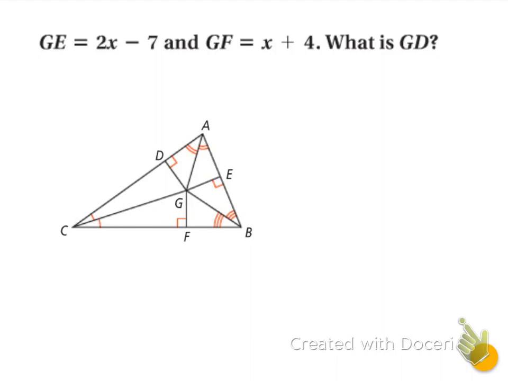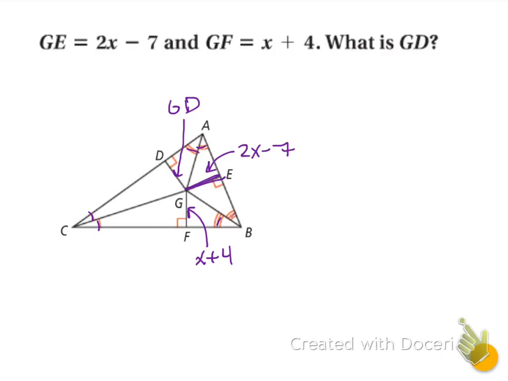Okay, so let's look at this. If GE, so this length here, is 2x minus 7, and GF, right here, is x plus 4, what is GD? Okay, it looks like I have angle bisectors for all these because all of my angles here are congruent.